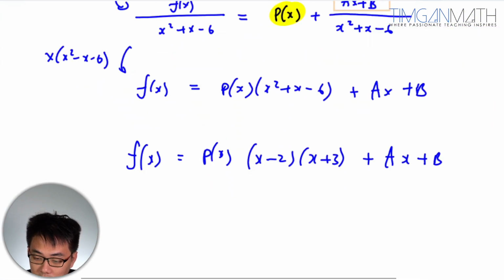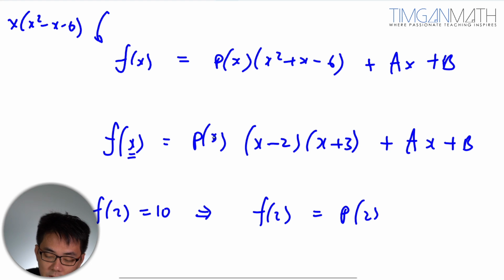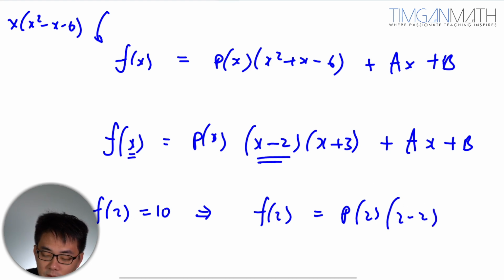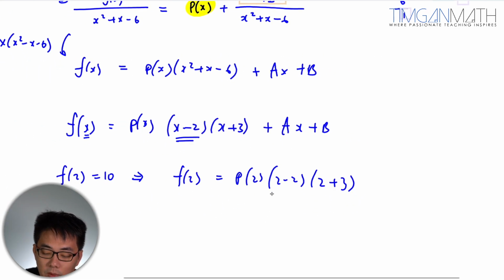Then we know that f(2) is equal to 10. So you just replace x as 2. So f(2) will just be p(2) times (2 minus 2)(2 plus 3), and that's the reason why this whole thing will become 0, because we don't really care what p(x) is there. Anything multiplied by 0 will just be 0.